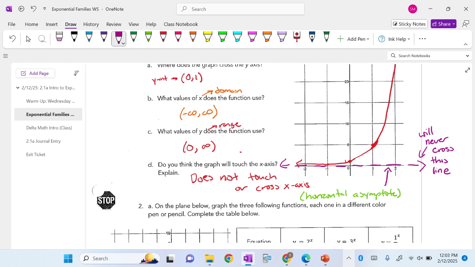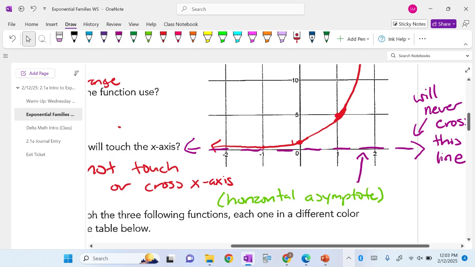Now, if we were going to write an equation for it, what do you think my equation for that line would be? So this horizontal line, what do you think the equation of that line would be?